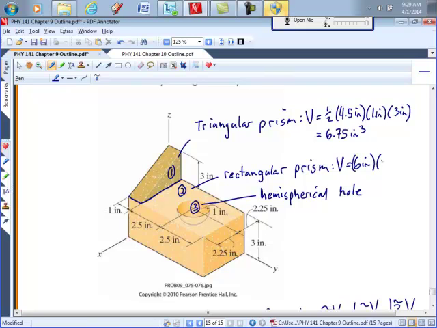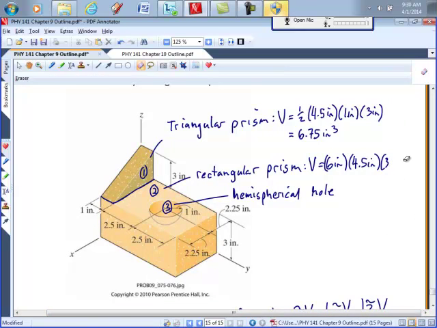Right, same as the rectangular prism. And its height is 3 inches. Yep. 81 inches cubed.